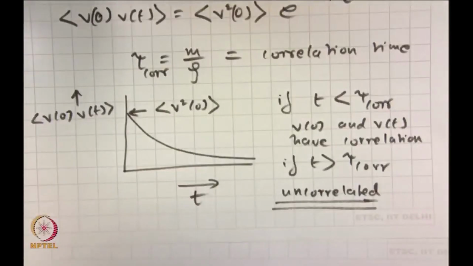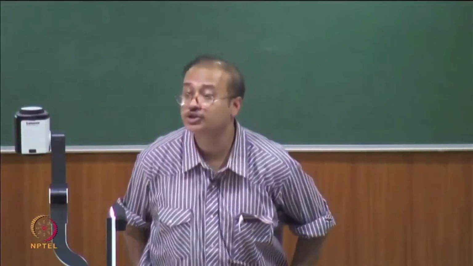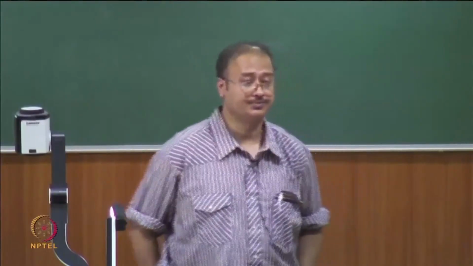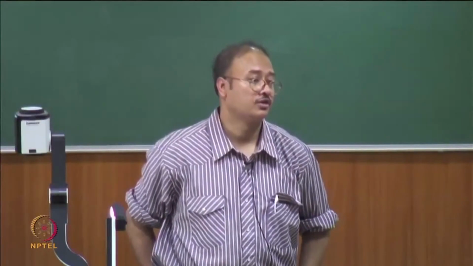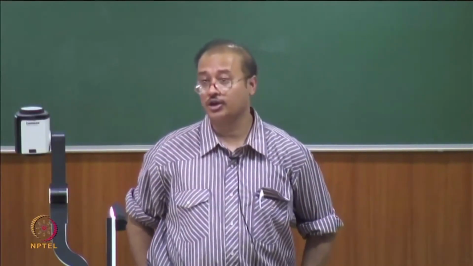So, this is the significance of correlation time. Any particle would have a certain velocity, a position too, and some force too, as we said: position correlation, velocity correlation, force correlation. These correlations would be decaying as a function of time according to this tau correlation.